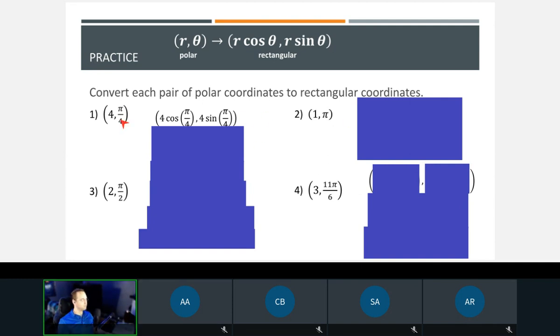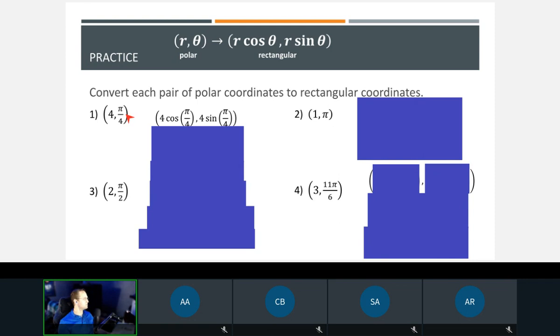Quadrant 1. So when you convert from polar to rectangular, or rectangular to polar, if we start with quadrant 1, your converted coordinate should also be in quadrant 1. That's important to check, kind of the beginning, middle, and end. And you'll see that I think it matters more when going rectangular to polar, but we'll see.